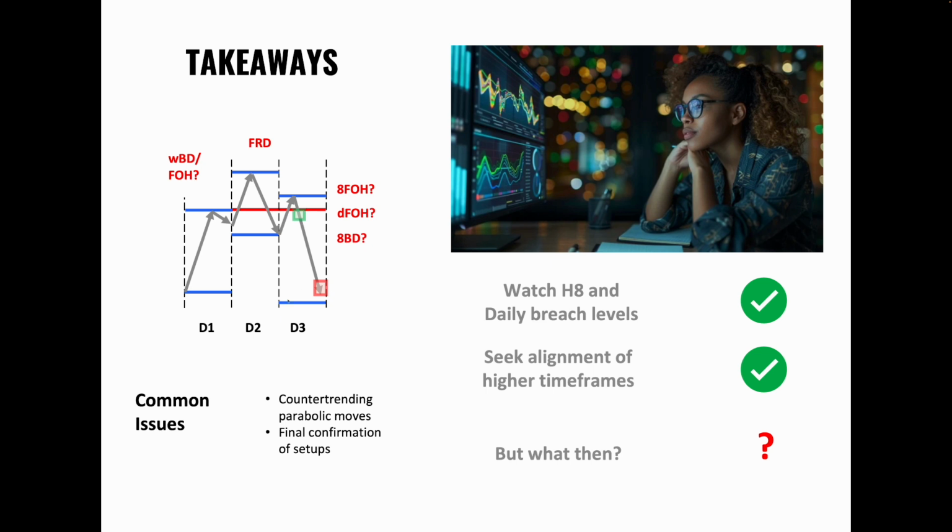And then the key discussion is always, what's the final confirmation of the setup? What I propose with the multi-timeframe approach is to watch in detail the 8-hour and daily breach levels. So you always want to have the bias of the 8-hour and the daily aligned.